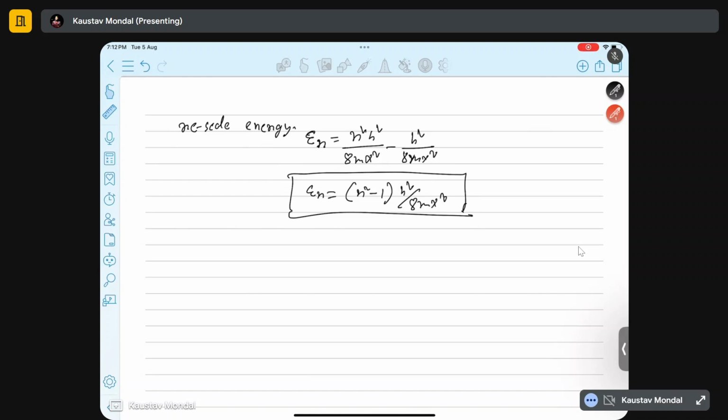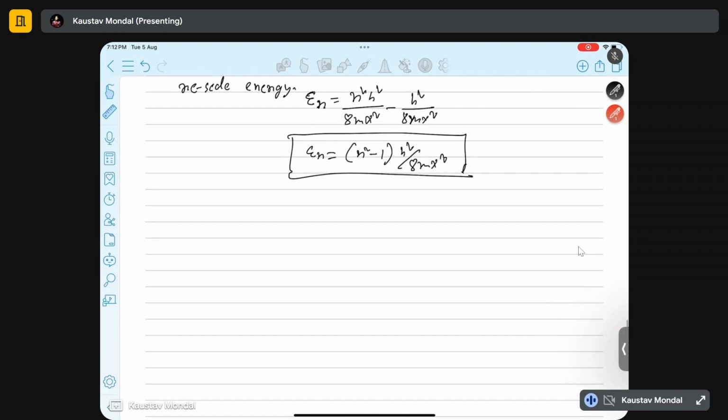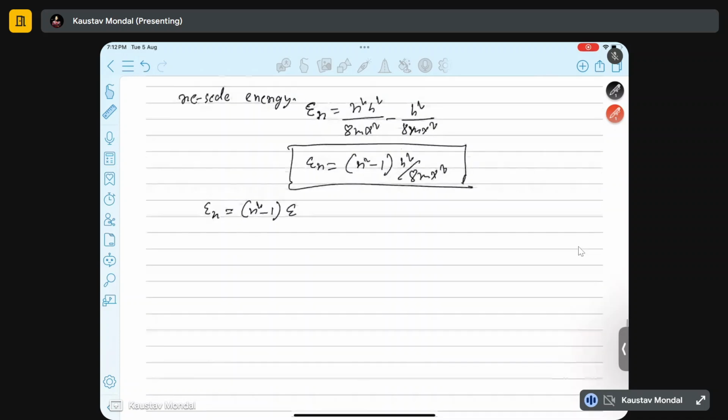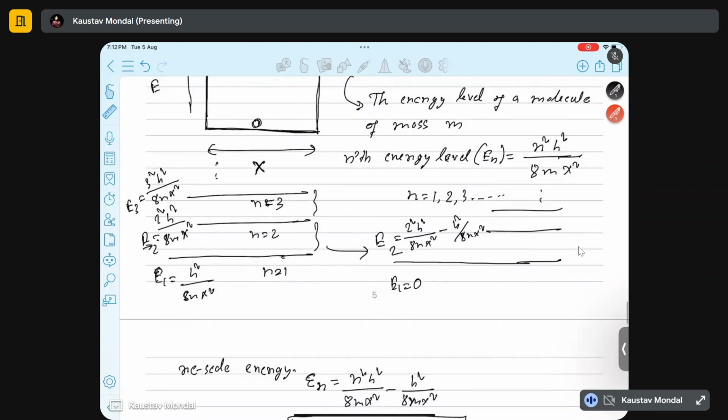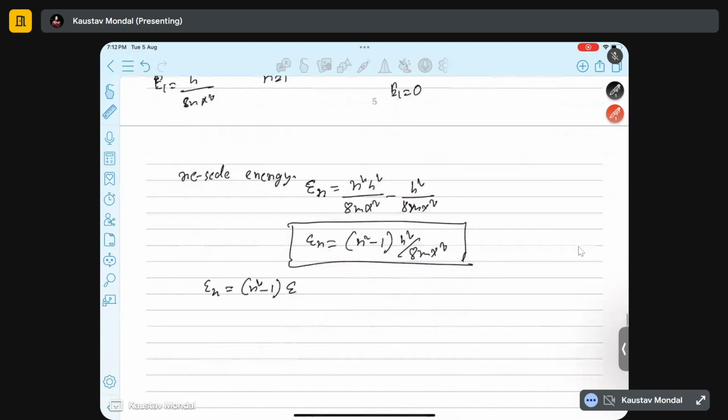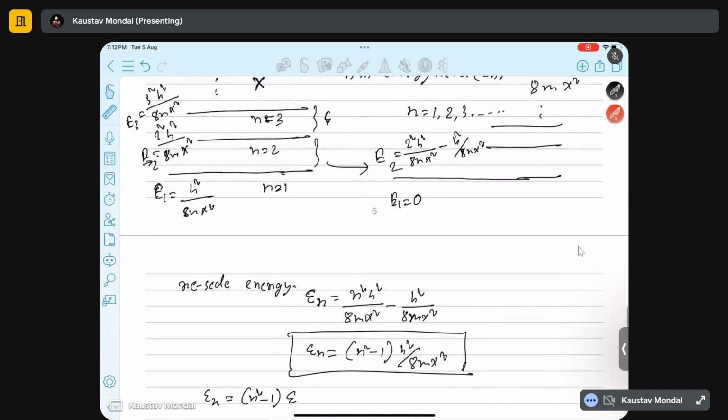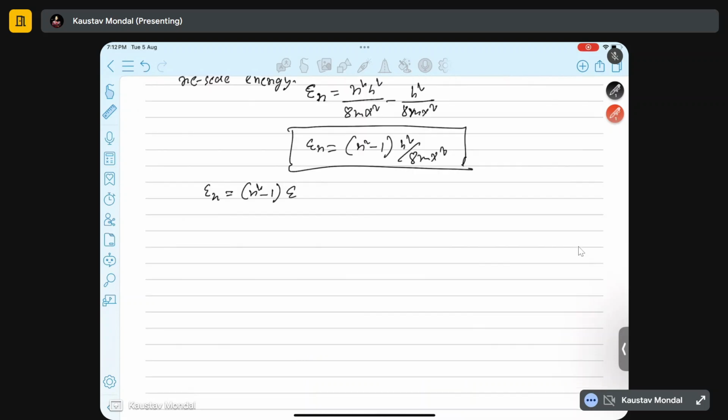You can write it in a simpler form, n square minus 1 times epsilon, where epsilon is basically the energy difference, h square over 8 m x square, among its states.